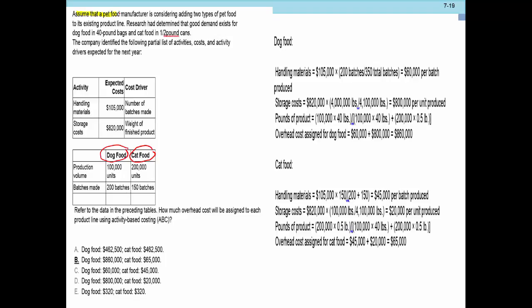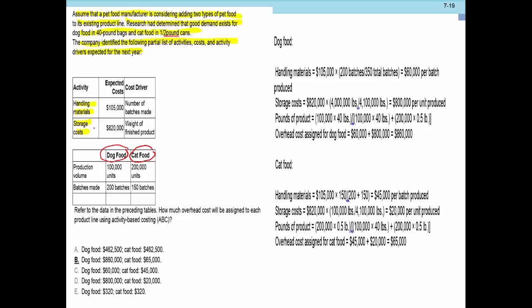Assume that pet food is considering adding 2 types of pet food to its existing product line, dog and cat. Research has determined that good demand exists for dog food in 40-pound bags, and cat food in half-pound cans. The company identified the following partial list of activities and cost drivers. So we have our handling activity. We have our storage cost as our activities.